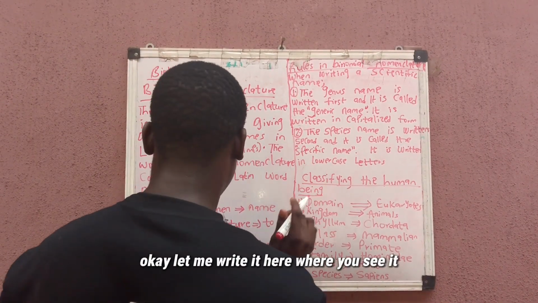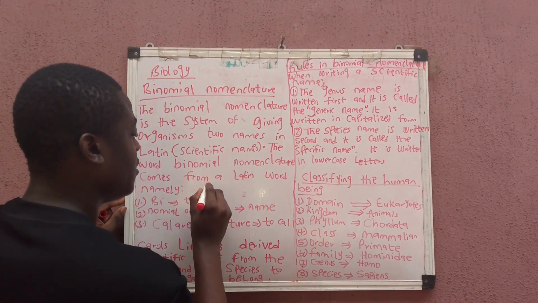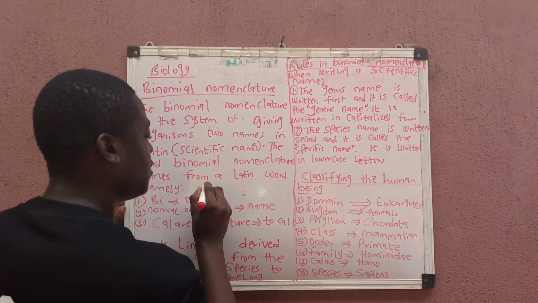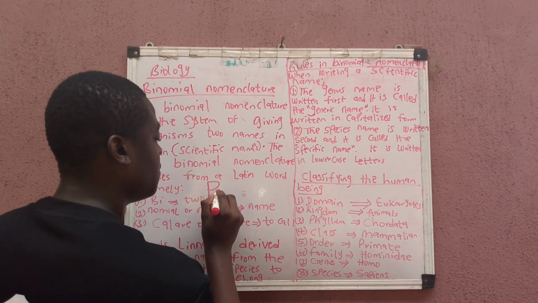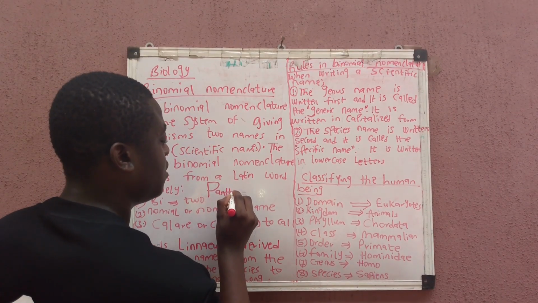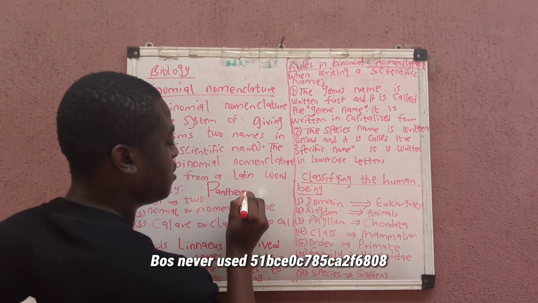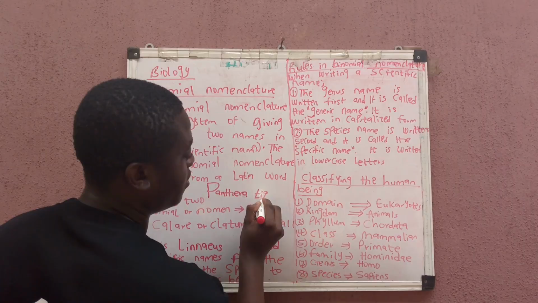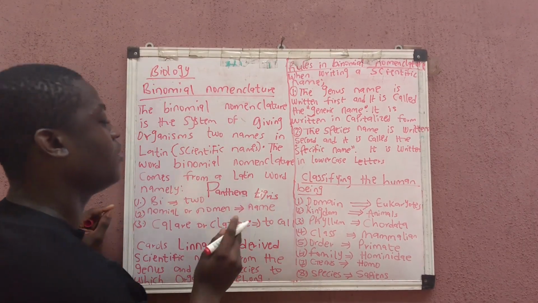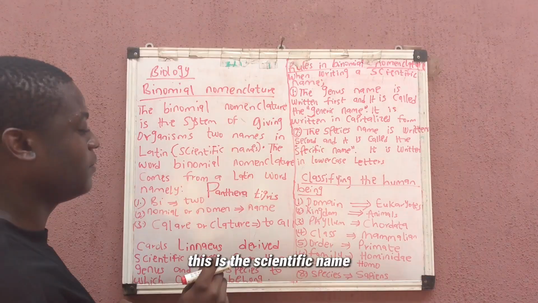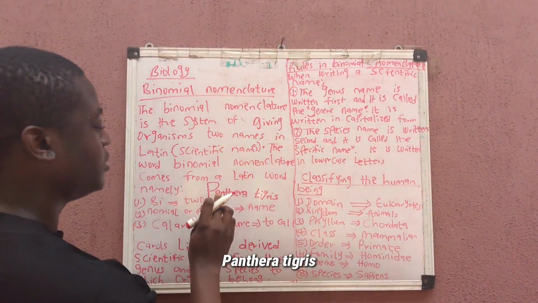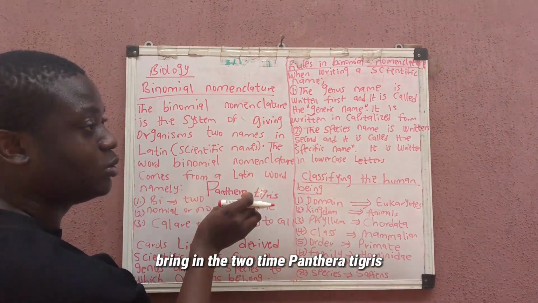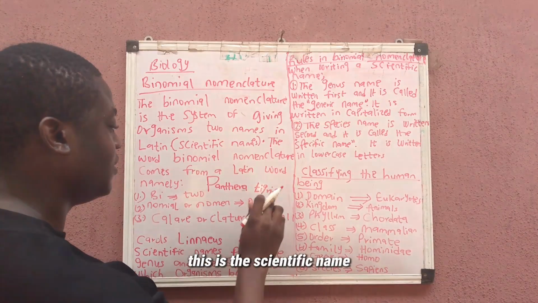Okay, let me write it here where you see it. This is the scientific name, Panthera tigris. The generic name, the specific name, bringing the two terms together, Panthera tigris. This is the scientific name.